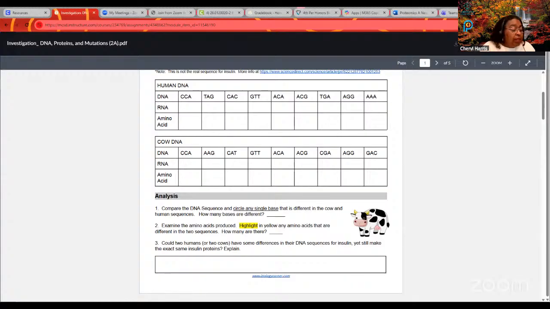All right. Now, so we've clearly indicated that there's a difference between the DNA and the RNA. Why are they still making insulin? Why can they still make insulin? I'm going to give you an example.